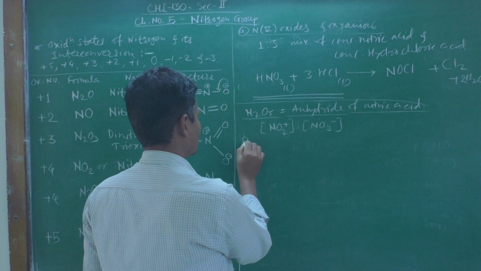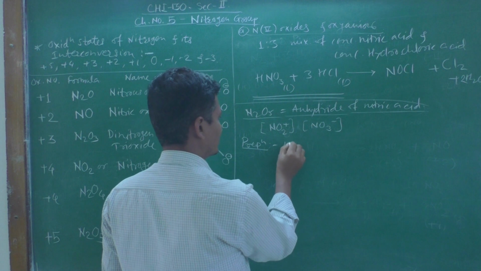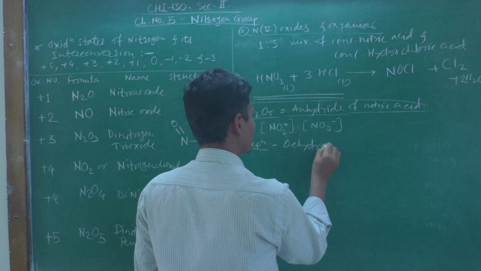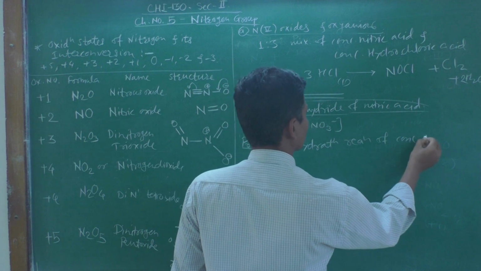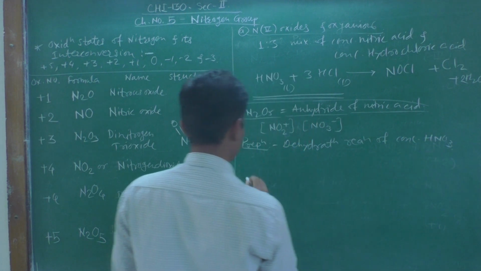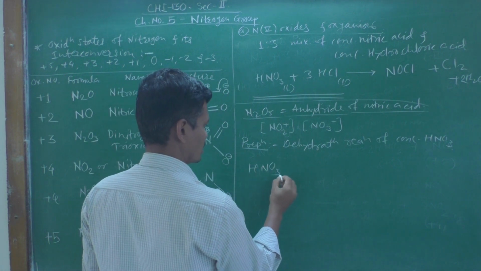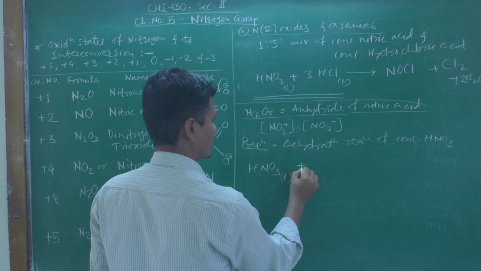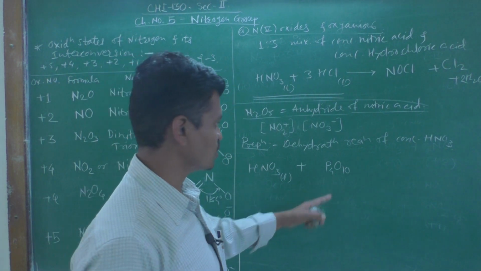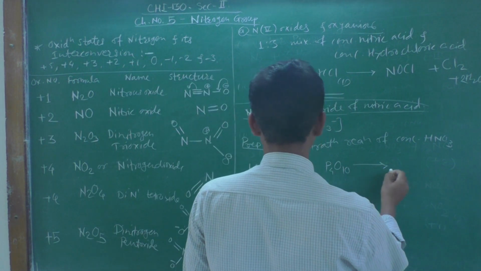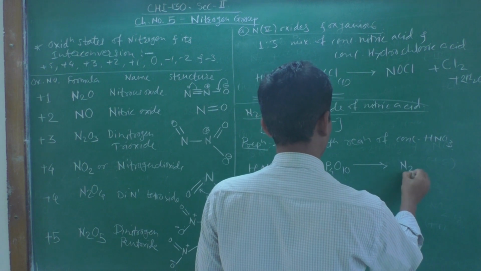So, the preparation of N2O5 can be done by the dehydration reaction of concentrated nitric acid, HNO3. When liquid HNO3 reacts with P4O10, a strong dehydrating agent, it gives N2O5.